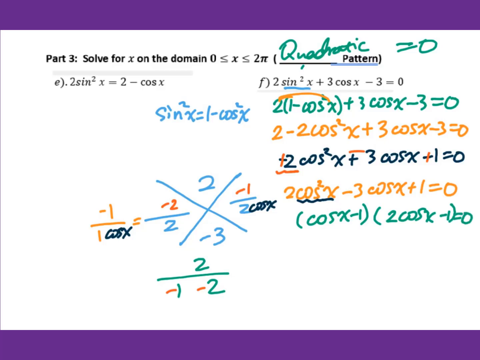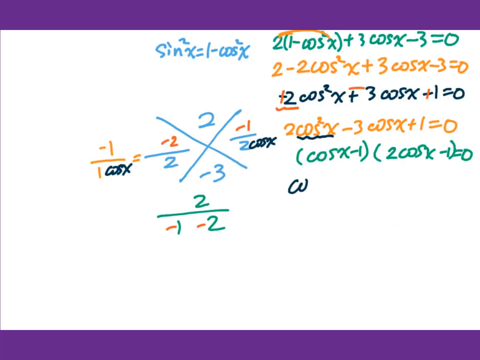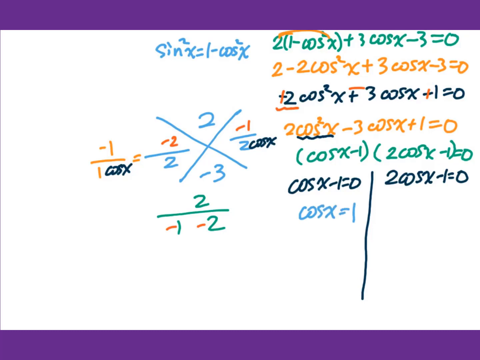equal to 0. Therefore, we got cosine x minus 1 equal to 0 or 2 cosine x minus 1 equal to 0. And we got cosine x equal to 1. That means x1 equal to 0. For this part, cosine x equal to 1 over 2.